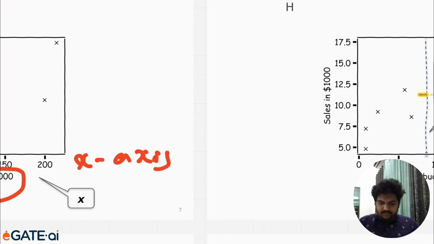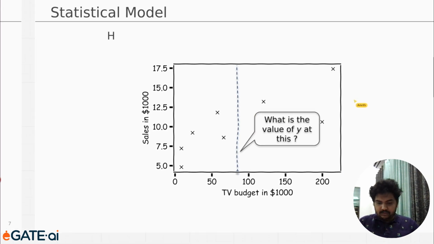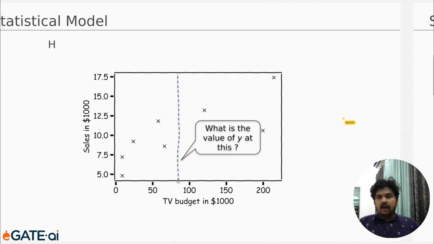Now the question is that how do we find a function f hat? So how do I find a function f hat that predicts the value of y for a given x?